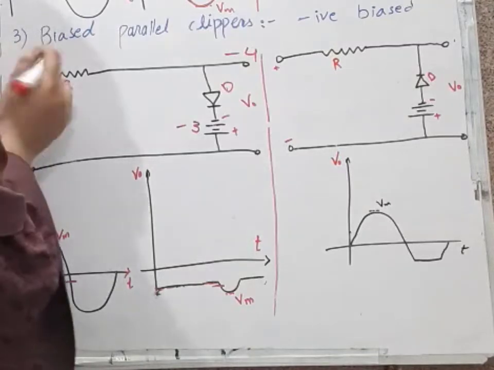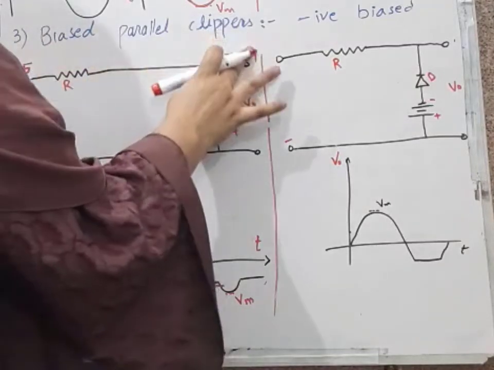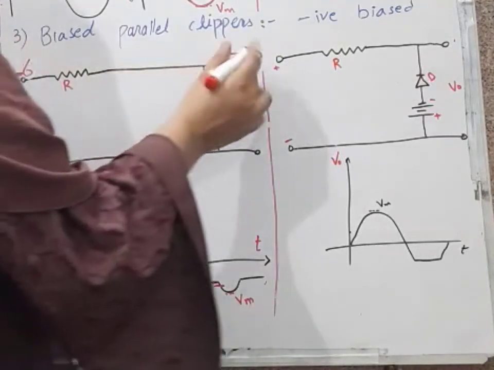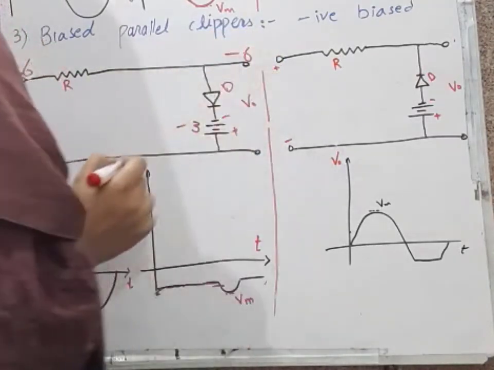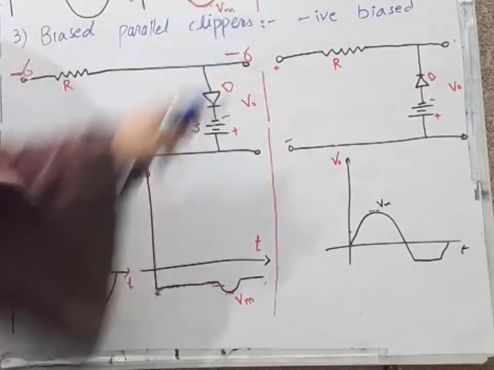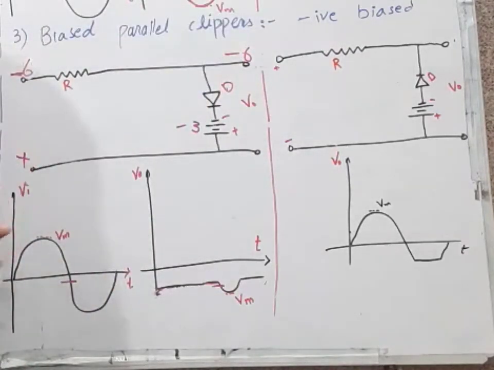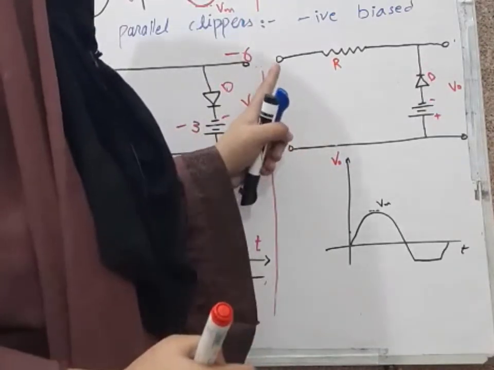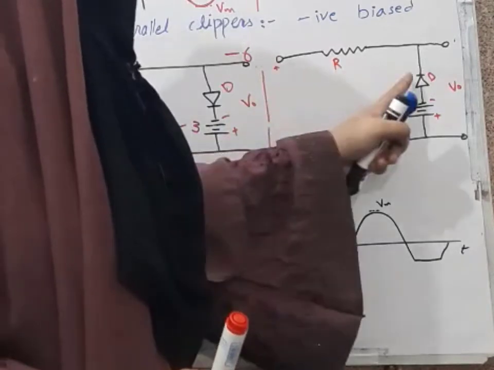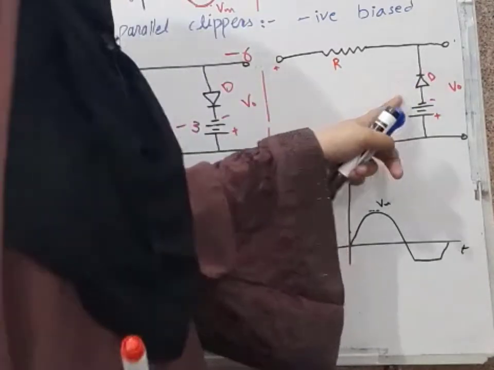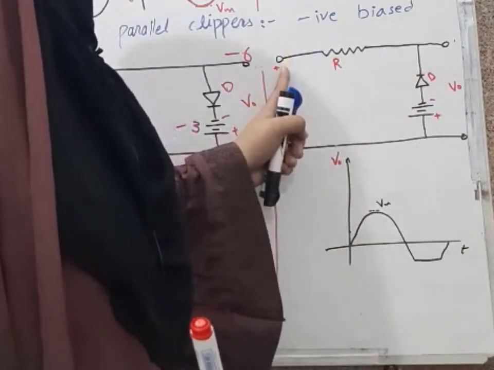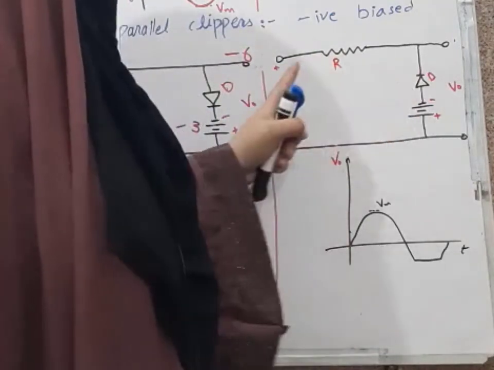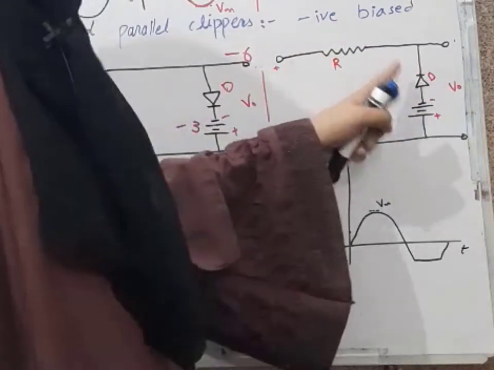After, when there came -5, we will get -5 here. When there came -6, we will get -6 here at the output waveform. So these two cases are similar. Now for this case, for the positive half cycle, our positive is trying to make this diode reverse biased, because our P is connected to positive, and our battery is again trying to make this diode reverse biased. Both are trying to make this diode reverse biased.